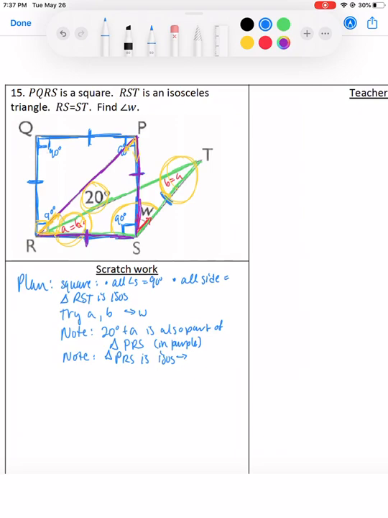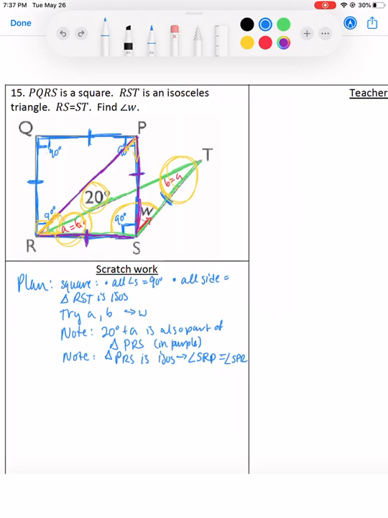So triangle PRS is isosceles. We can say that angle SRP, so that's this one right here, is equal to angle RPS, or SPR. Let's do SPR, which is this one right here.